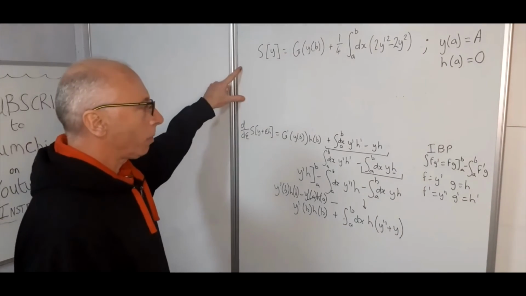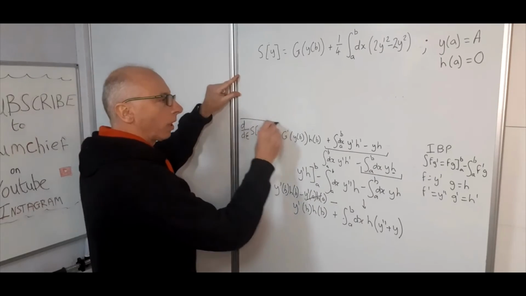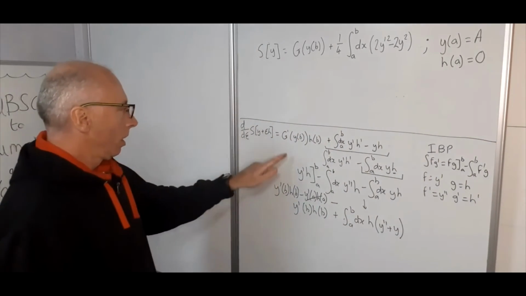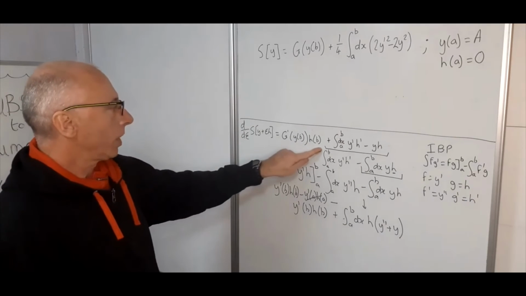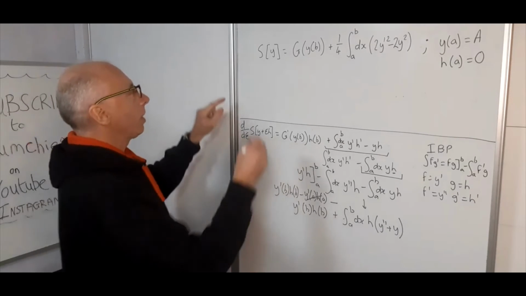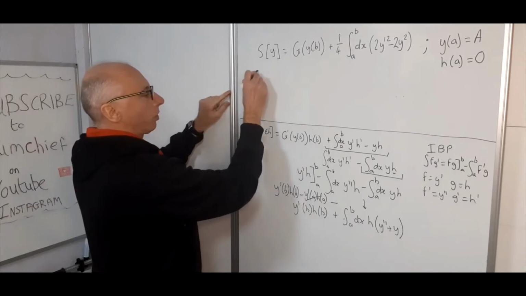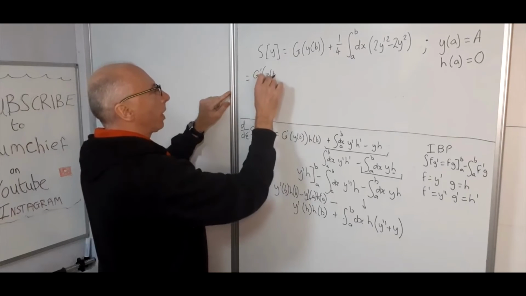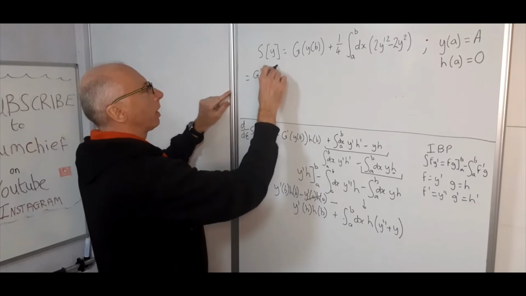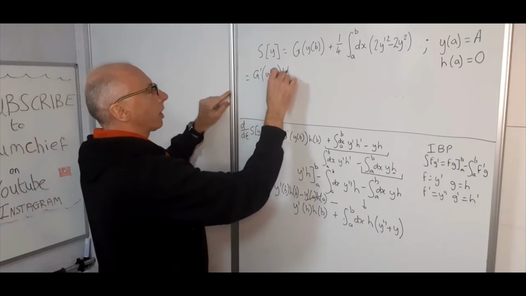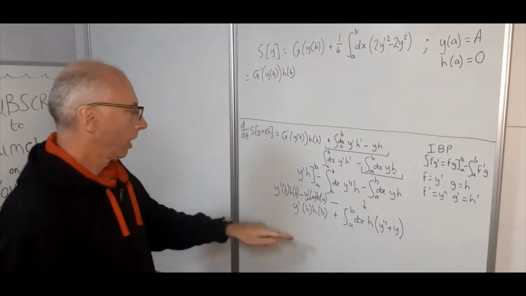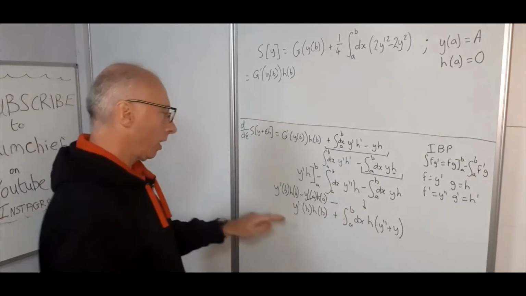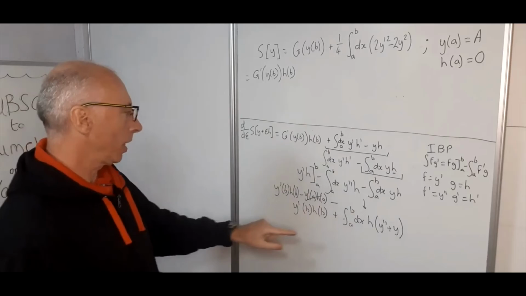Okay, so now I've got a bit of space to work with here. Just going to put a line across here so we don't get mixed up. So now what we got was this bit here we were okay with. So we've got g prime y of b times h of b. We were happy with that. And then this integral here, with all this work in here, we narrowed that down to this one here.